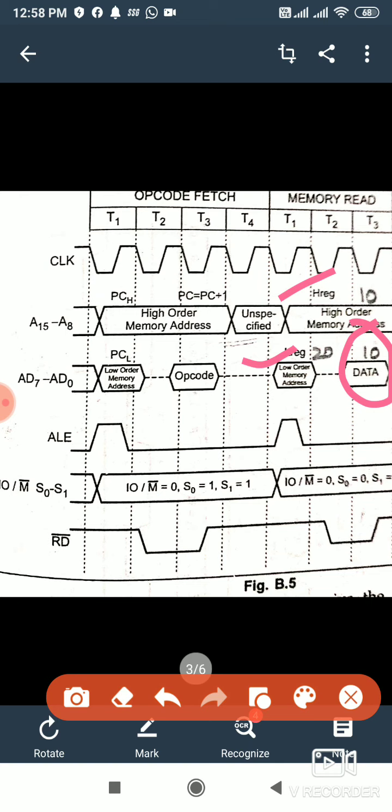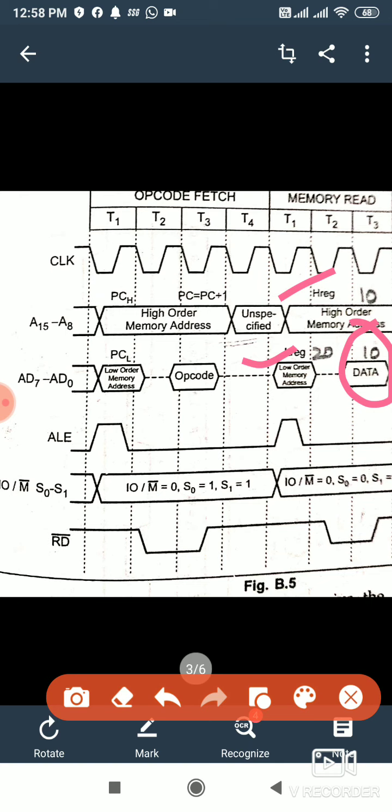Now what is the operation of this instruction? The operation is the accumulator minus the data of this memory address. The accumulator content was 50 and the data is 10. So 50 minus 10. The accumulator is within the microprocessor, so no machine cycle is required.